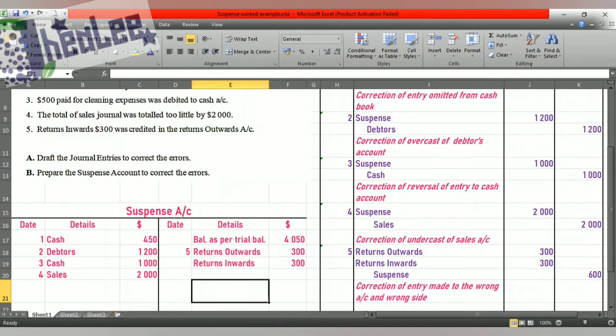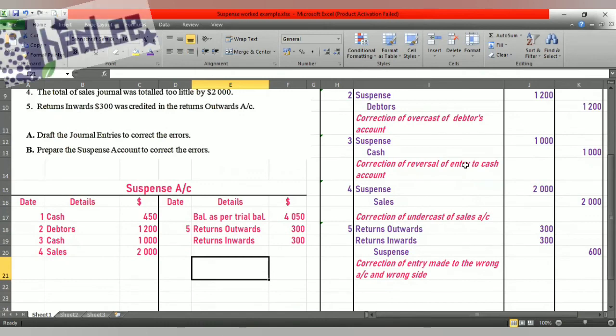Now that we're finished entering the entries that should be placed in the suspense account based on the corrections, we are now going to total the suspense account. When you're finished, both sides should be the same. And once they're the same, it means that you have successfully corrected the errors.